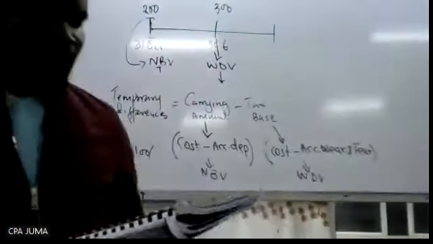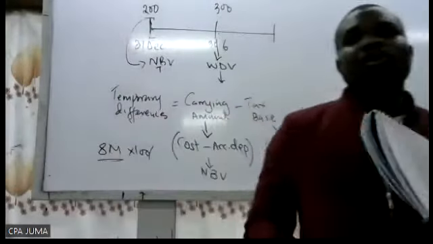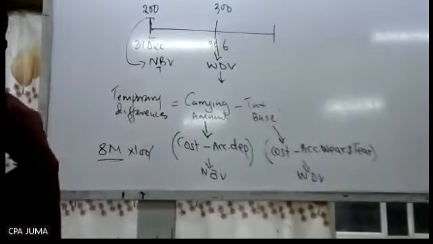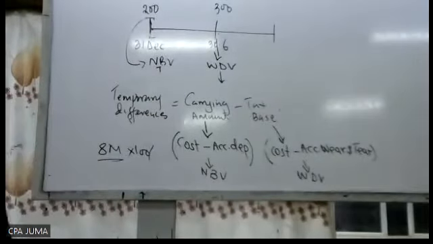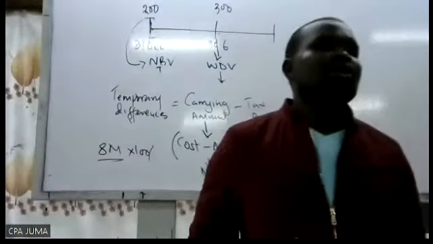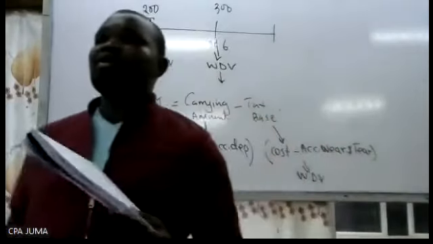Let's go to number 2, deductible temporary differences, which is negative, in bracket negative temporary differences.